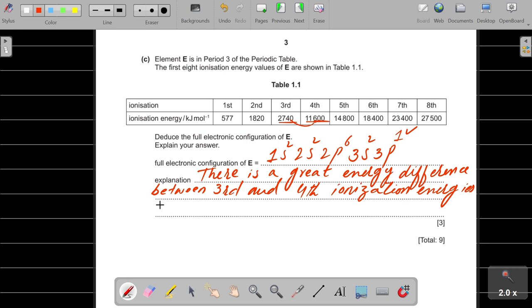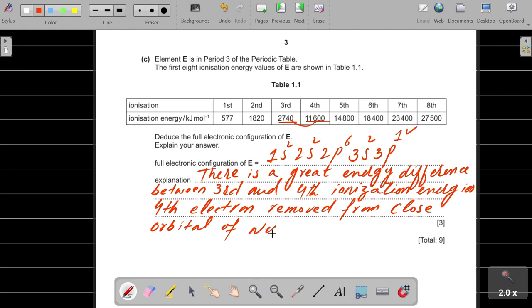Fourth electron removed from close orbital of nucleus. Okay.